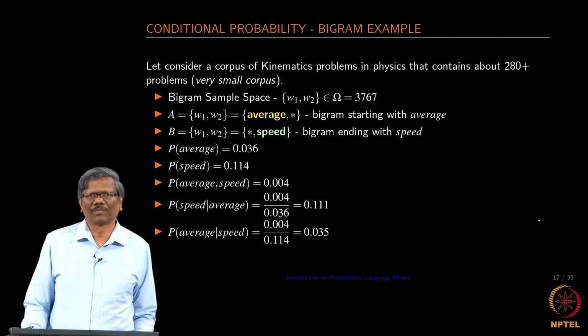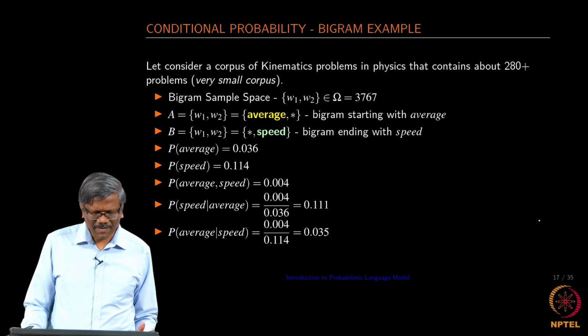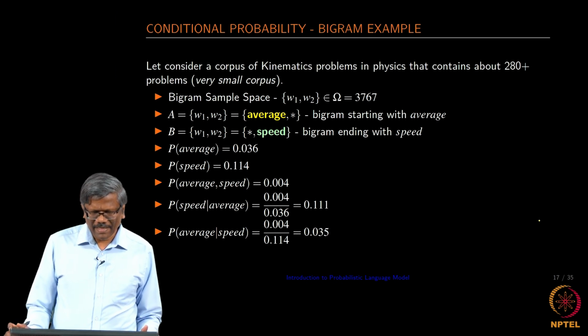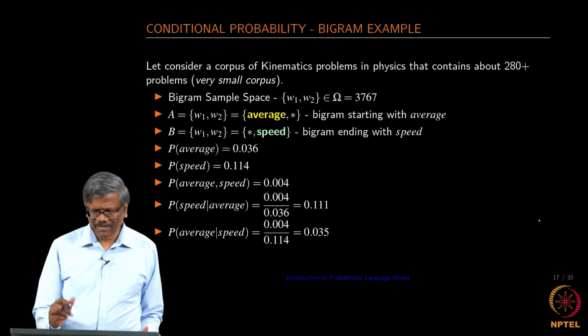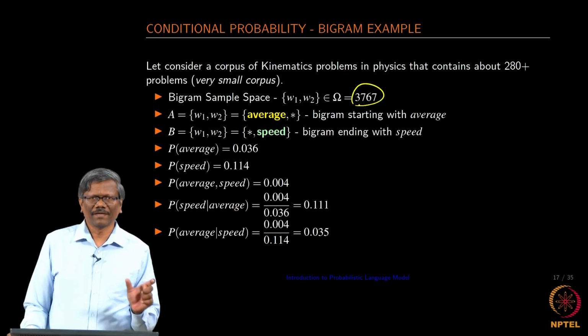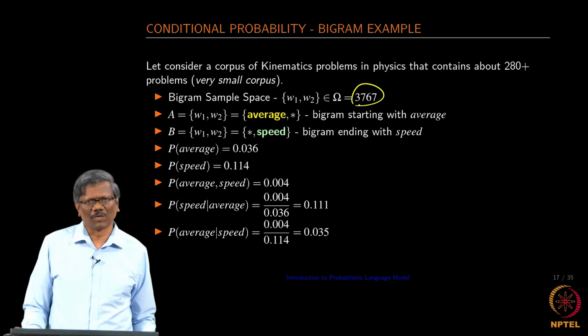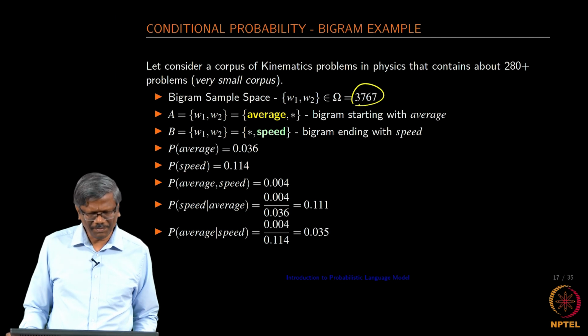I have taken a corpus where kinematics problems are available, and there are about 280 problems there. It is a very small corpus, and the bigram samples are around 3767. So, I have taken 2 words at a time and counted them, and that is your sample space.